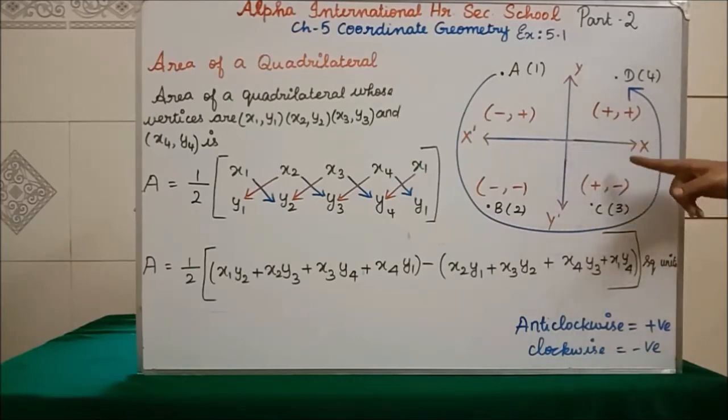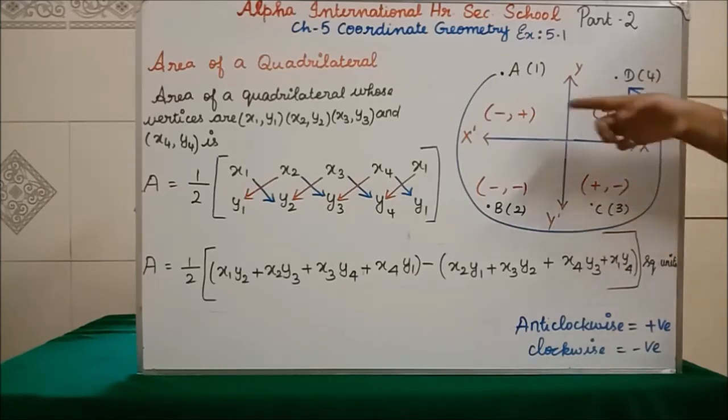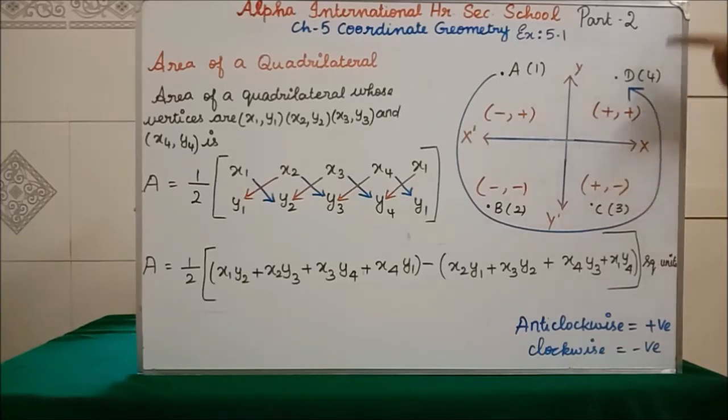So, plus, comma, minus. I have told you in area of the triangle also, whenever you are plotting the points in the graph, you have to go in the anti-clockwise direction. Anti-clockwise means you will get the area value in positive.